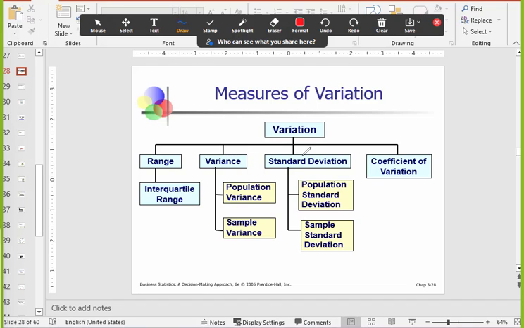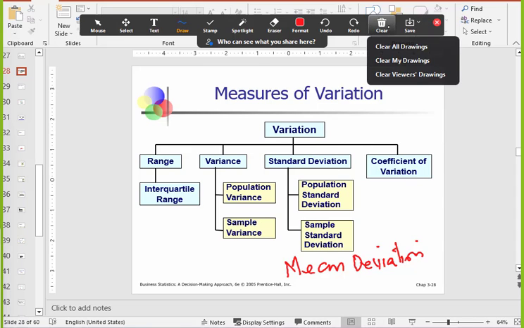Then there is standard deviation, and there are a few more types which are not in the tables in this set, but I will write a few names like mean deviation, and then we study coefficient of variation. So these are the topics that we are going to study today.